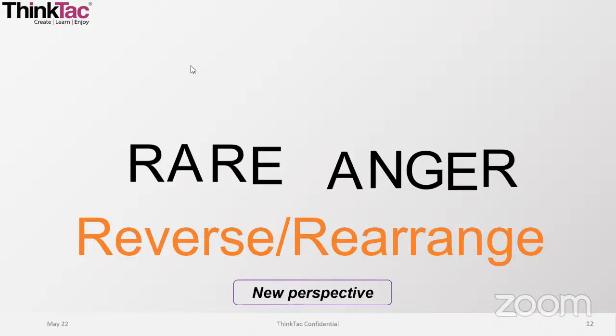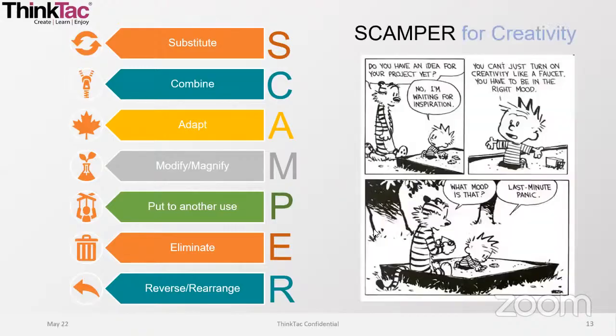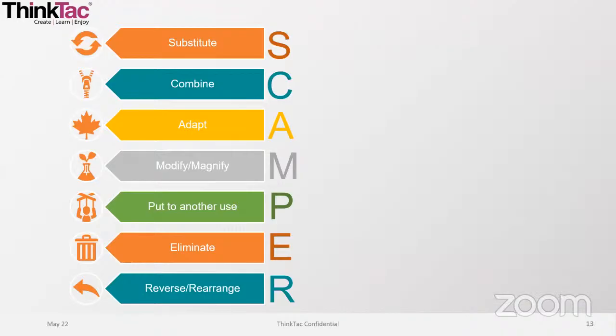So here, this rearrangement. All these are techniques which, if you move to the next slide, Lakshmi, together are called SCAMPER: substitute, combine, adapt, magnify, put to another use, eliminate, reverse or rearrange.